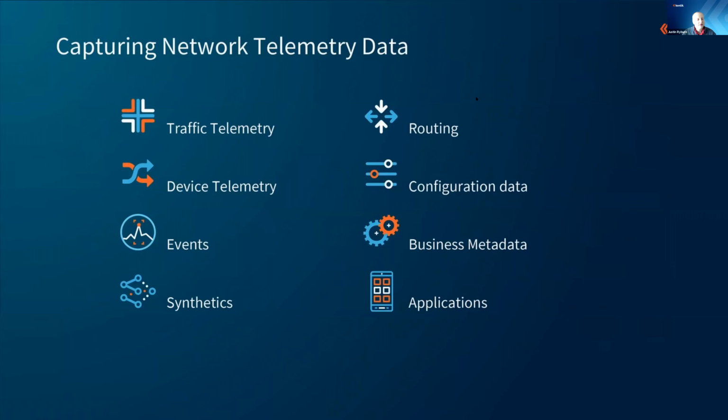I touched on this a little bit, but we'll go into more detail. One of the things that you really need in order to be able to do good network observability is think about a variety of telemetry data types. So you've got traffic telemetry. Historically, at least me being a network operator, I think of this as things like sFlow, IPFIX, NetFlow, one of those kind of flow protocols that gives me the details of the network traffic in my physical infrastructure.